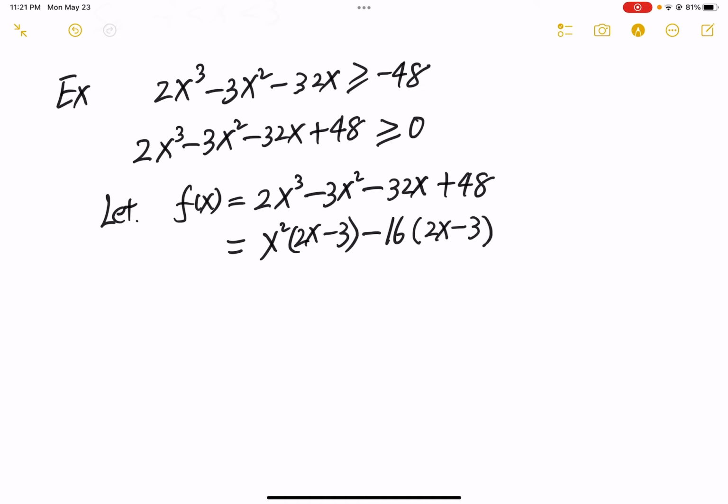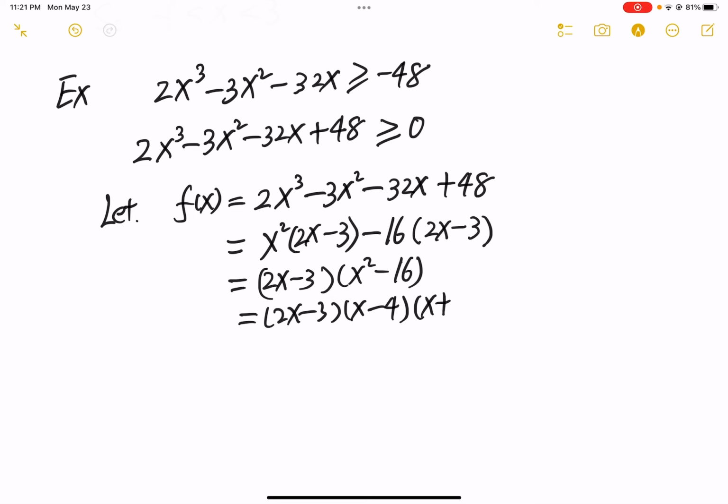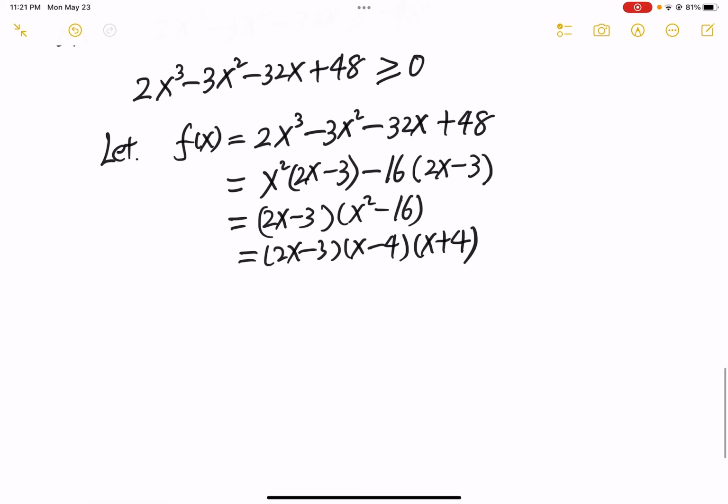You can see we have the common factor 2x minus 3 times x squared minus 16, and this is 2x minus 3 times x minus 4 times x plus 4. So now our inequality becomes (2x minus 3)(x minus 4)(x plus 4) greater than or equal to 0. This is our inequality, right?